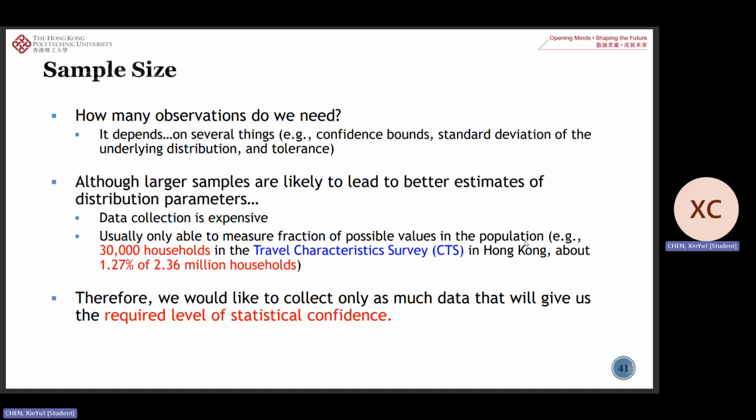For instance, in the transportation domain, the Hong Kong government officially surveys households about travel characteristics. It's called the CTS in Hong Kong, conducted once in 10 years. Why? Once every year would be better, of course. But why does the Hong Kong government do it once in 10 years? It's very expensive. They should hire people and spend lots of time. So everything is about the money.